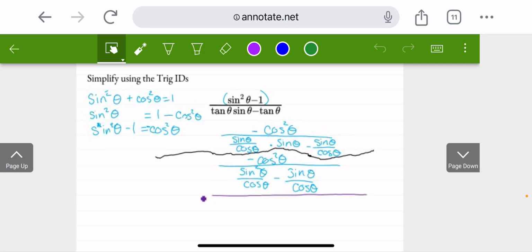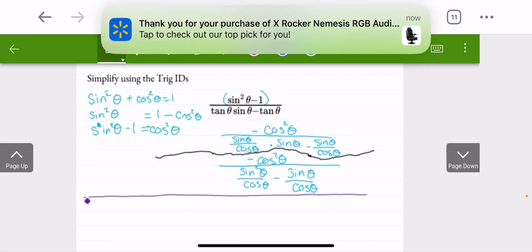All right, so now we have a new section. Let's look at this denominator. What's going on here? They already have common denominators, right?